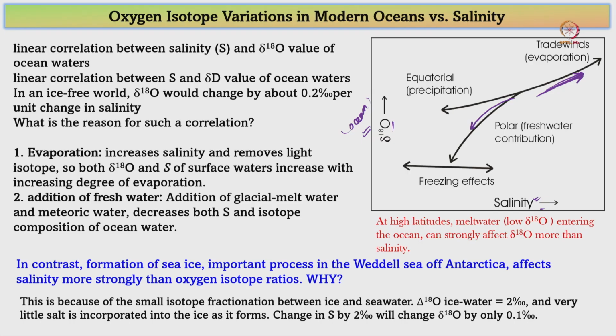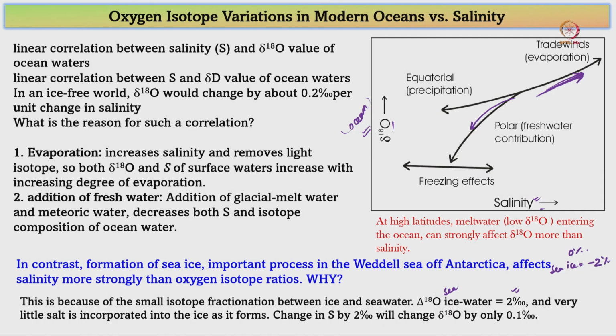So, when that kind of process is happening, the delta 18O difference between the sea ice and the sea water is only 2 parts per mil. That means, if my ocean water has a 0 parts per mil value, then my sea ice will have a minus 2 parts per mil value.